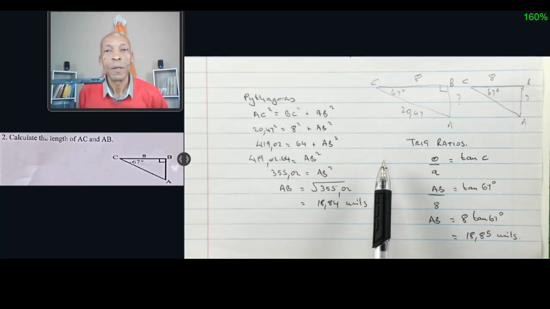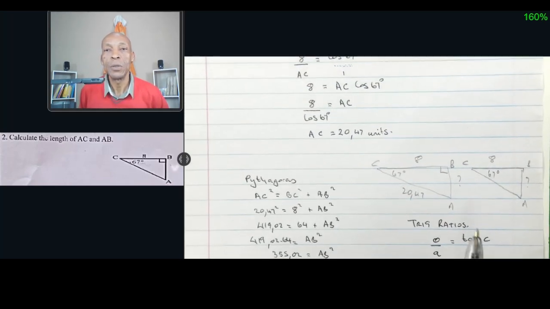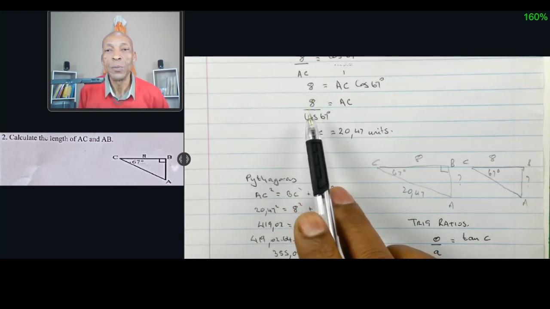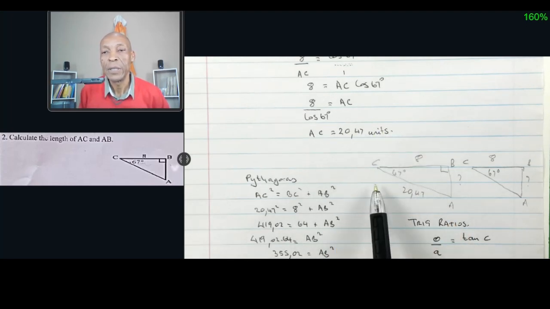I'm not going to worry too much about it, because it will need me to go back to this one and calculate this once more and take all the decimals there, which is not practical.